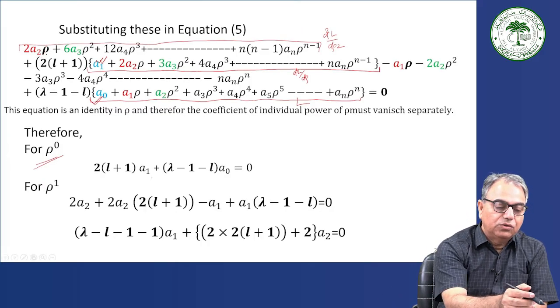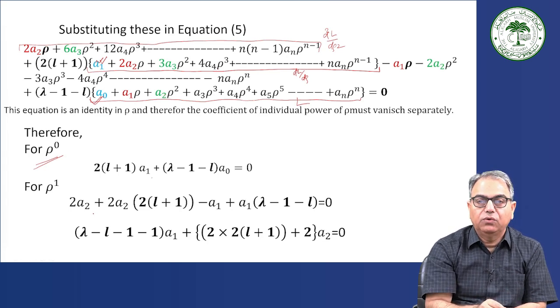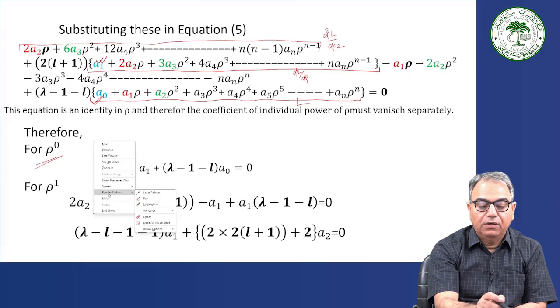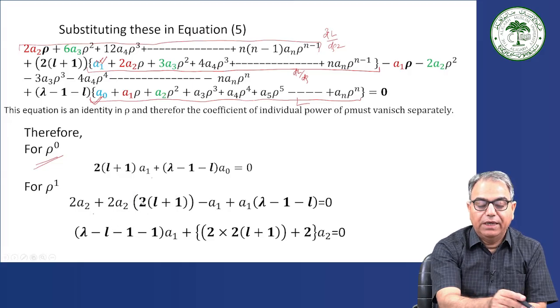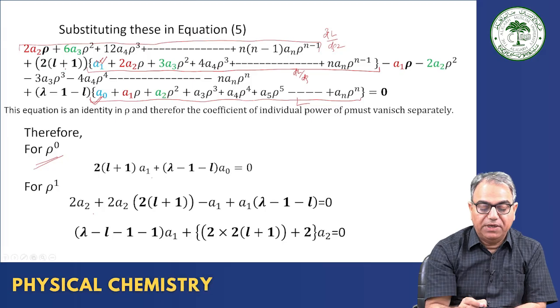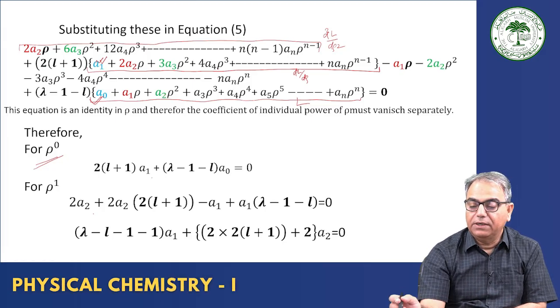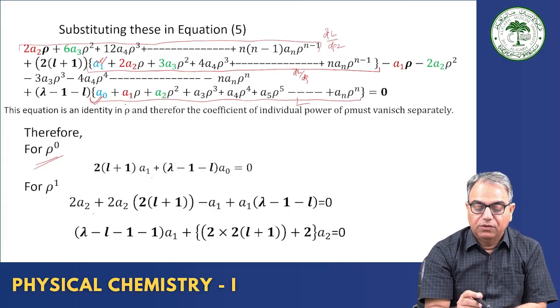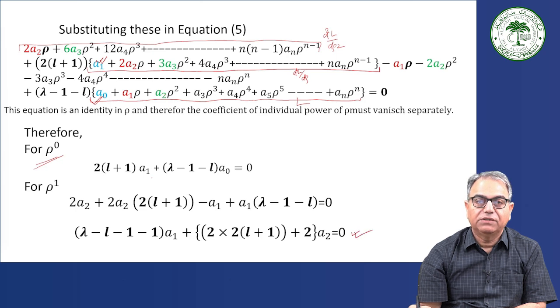So the coefficient of rho raised to the power 1 will be 2a2, then the second term will be L into 2a2, 2L plus 1. Then the third will be this one, a1. So you have minus a1 plus a1 multiplied by lambda minus 1 minus L. So you rearrange this one, you get this one.